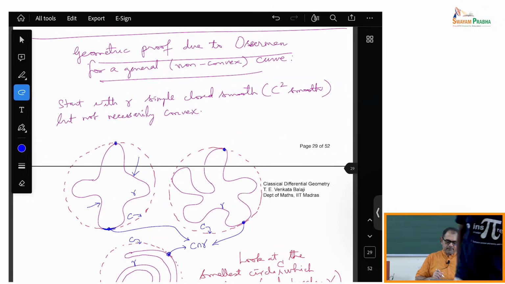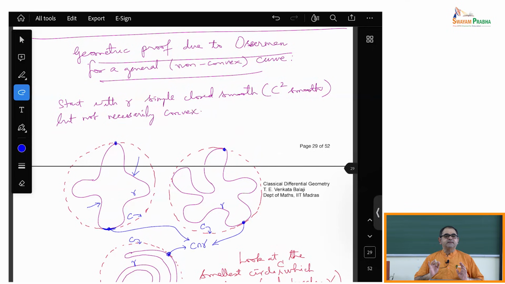But in the non-convex case, this is Osserman's proof. The essence of the proof is that you have to look at the smallest circle that encloses the curve. You took this curve gamma and looked at the smallest circle which contains gamma.